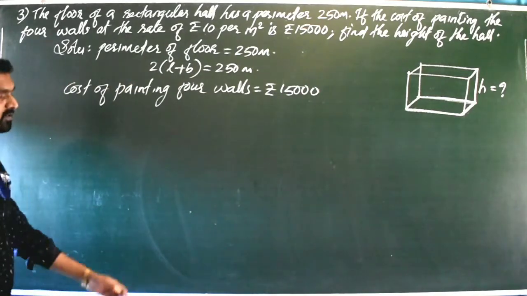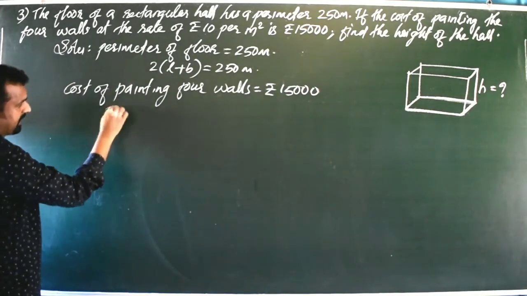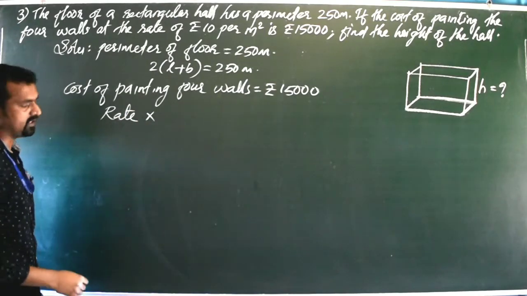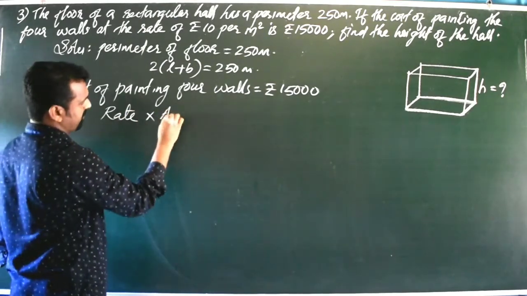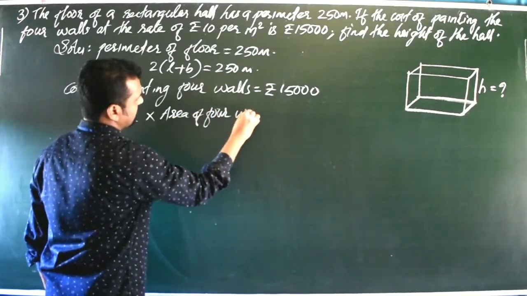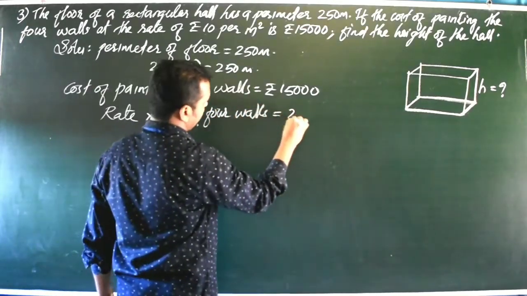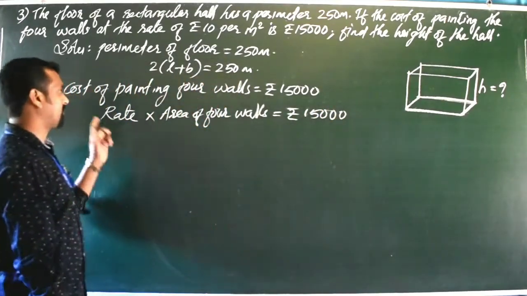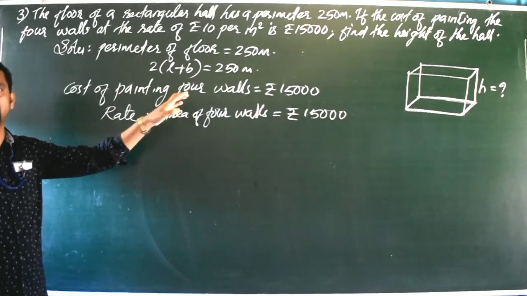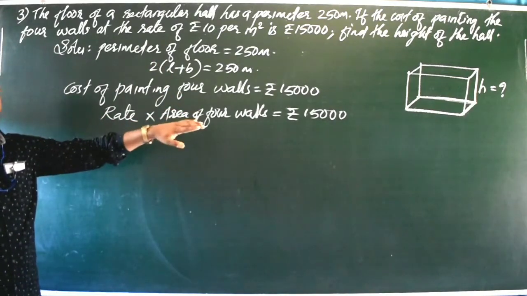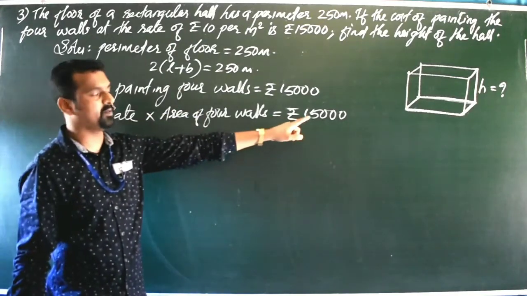Rate of painting into area of 4 walls. The cost of painting the 4 walls is equal to area of those 4 walls into rate, we will multiply, then we will get the answer. That answer is already given here, rupees 15,000.